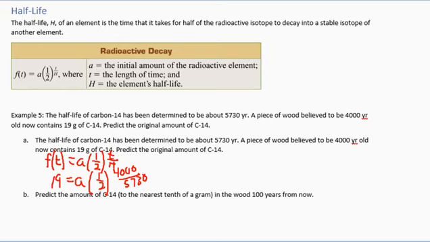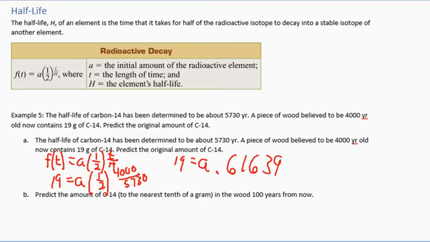Well, here's just some calculating that you have to do. So on the left, we still have 19 equals, we can do 1/2 to the 4,000 over 5,730. So we have A times 0.61639.